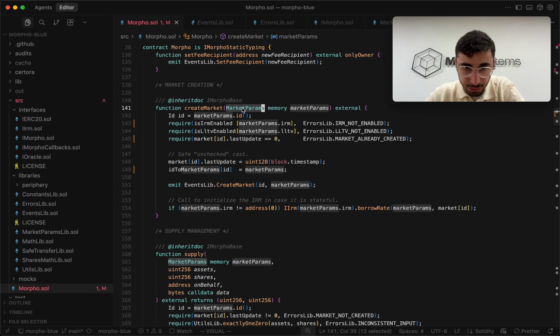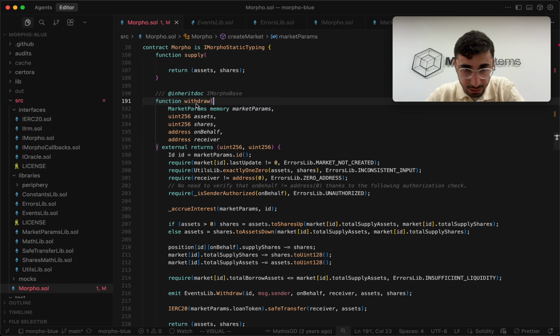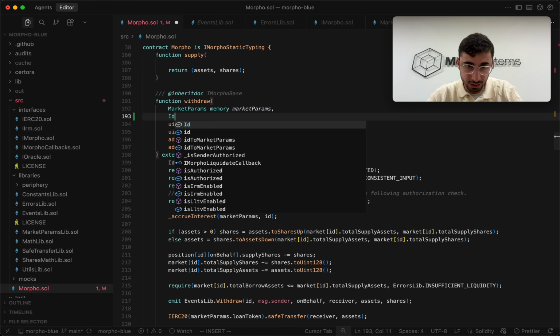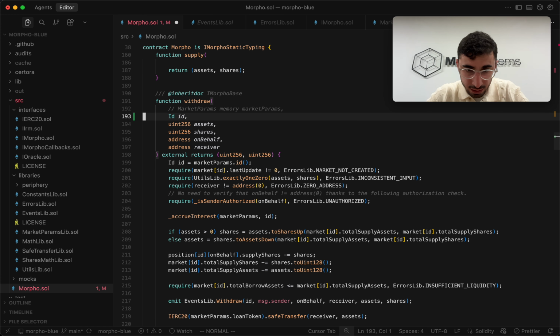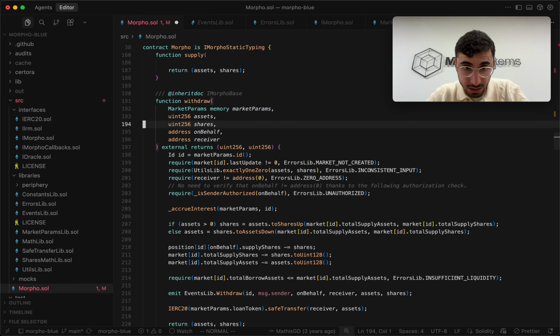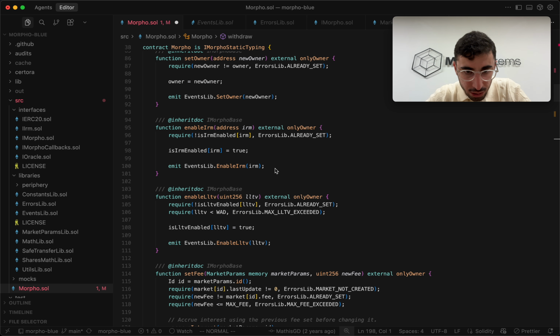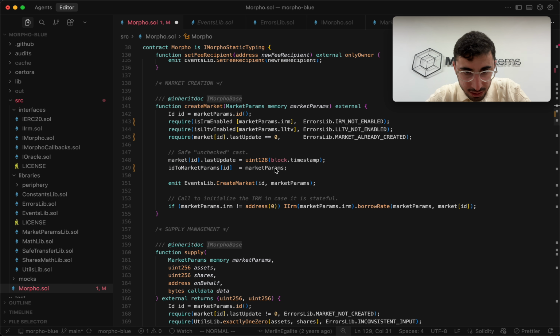Every function takes a market params instead of an ID. Theoretically you could pass the ID, but they decided against that. They pass in the market params and then calculate the ID on the fly.